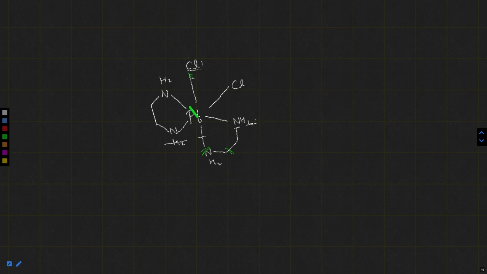For the second plane, this was our octahedron, one ligand up and one ligand down. I'm cutting it from the middle such that both the ligands, up and down, fall on this plane.